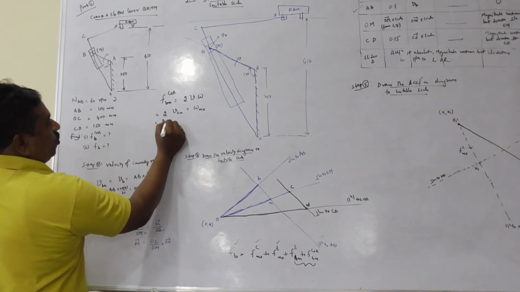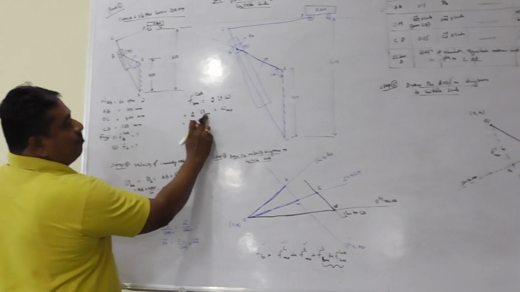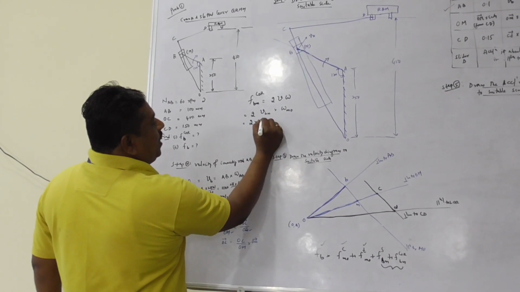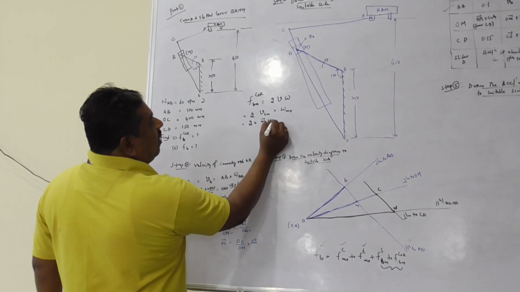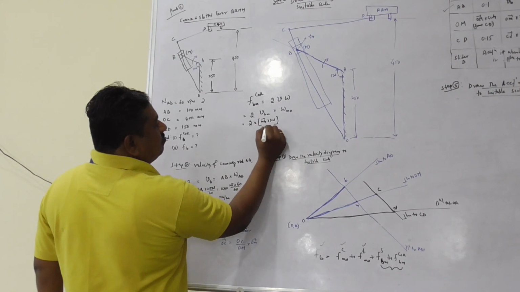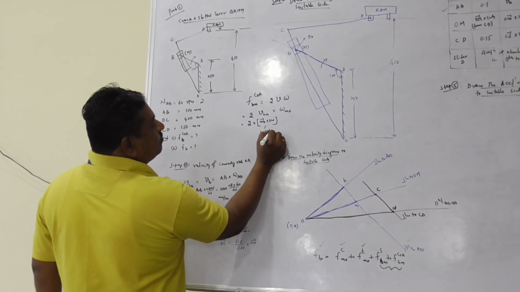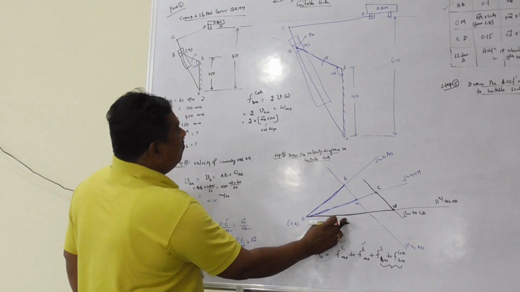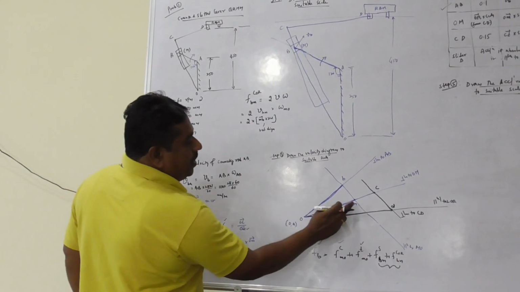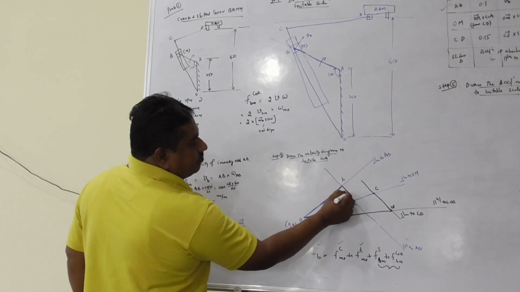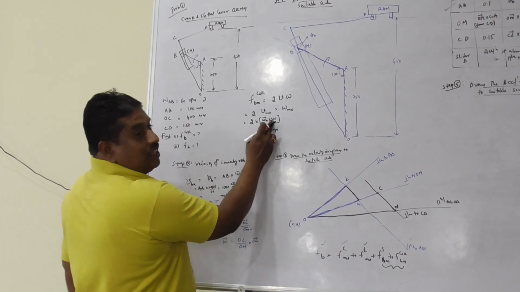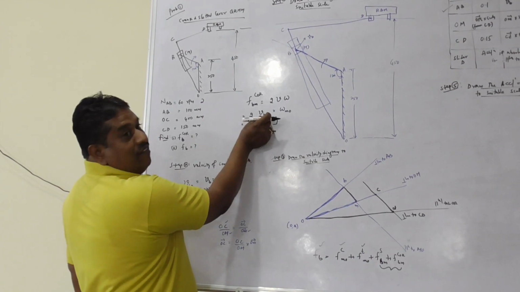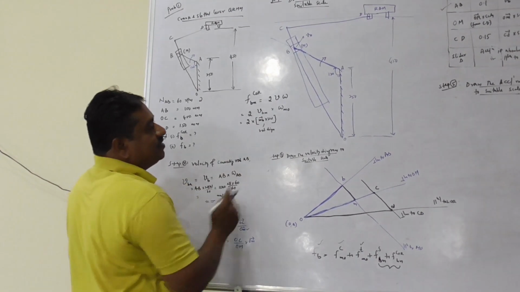Now, this is equal to 2 into velocity of B relative to M, which is vector MB into scale of velocity diagram. Here in the velocity diagram, measure vector MB. Substitute the scale of velocity diagram. This product represents the velocity of the sliding point.